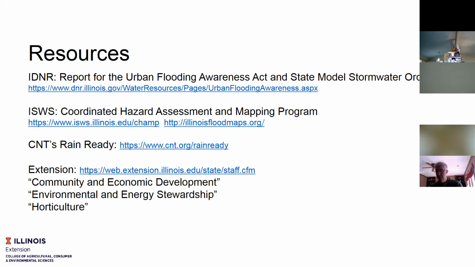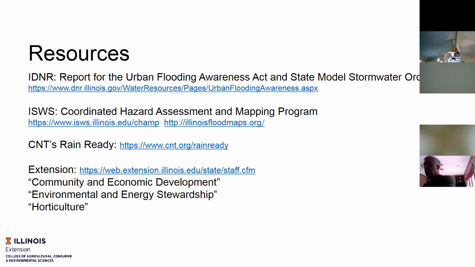The Illinois State Water Survey has a really wonderful website for their coordinated hazard assessment and mapping program. The Center for Neighborhood Technology has a program called Rain Ready that is a very helpful program. I reached out to them and they said that they would be happy to talk to any municipality, even nationwide, who would be interested in working with them.